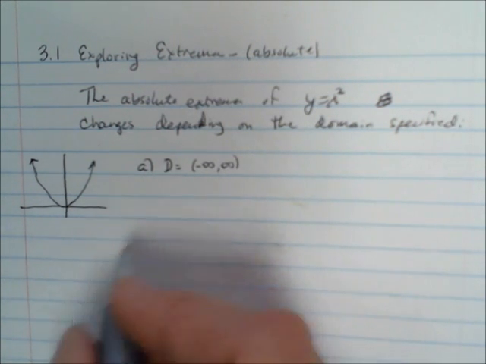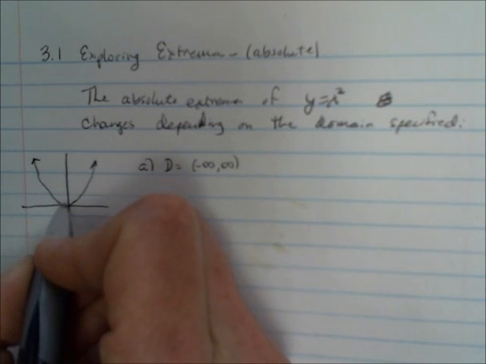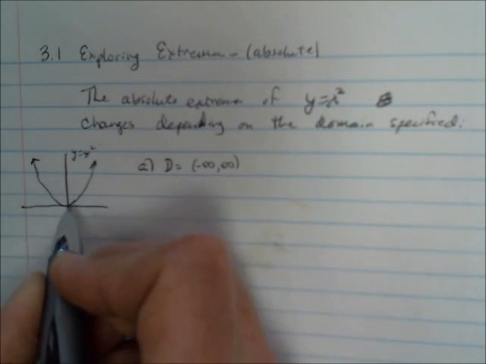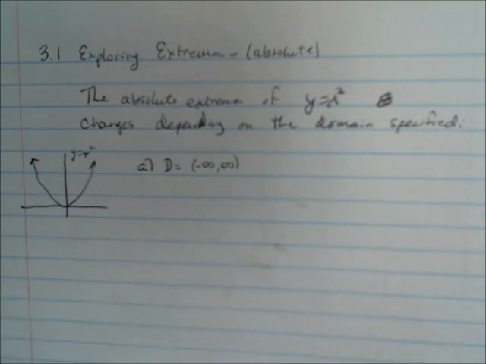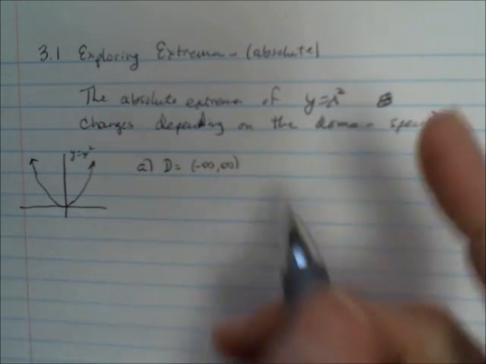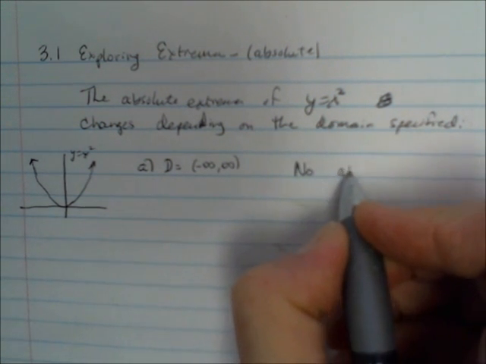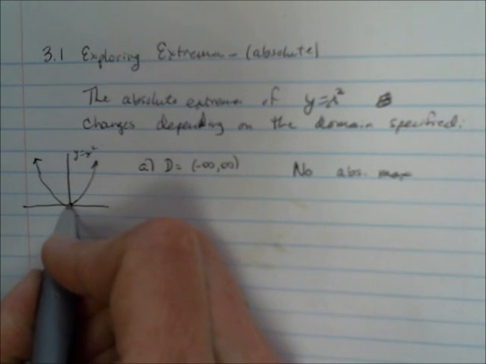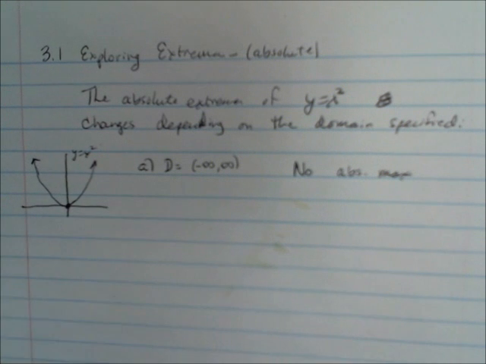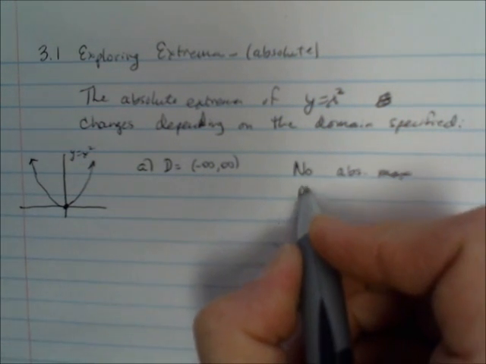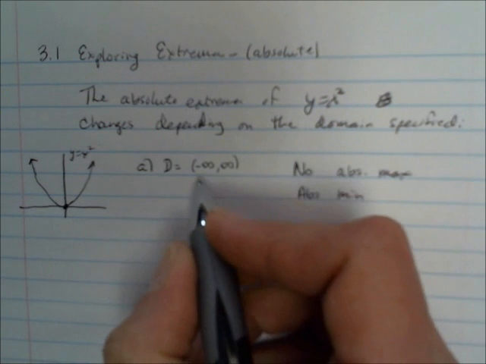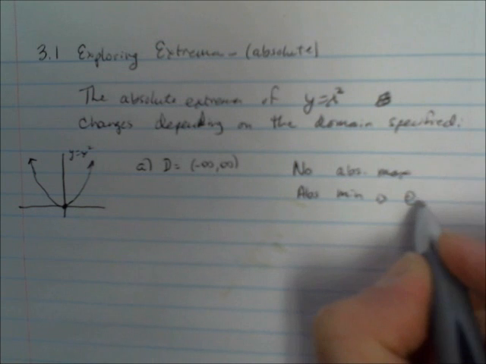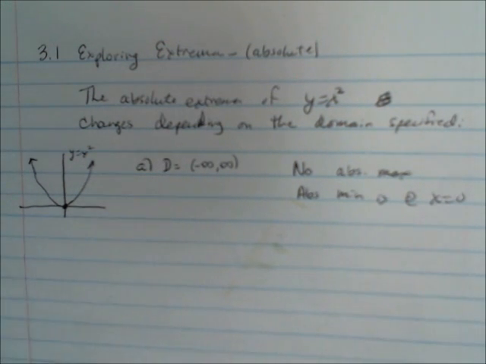So if the domain is all real numbers, then when you take a look at this graph of y equals x squared, you can see that there's no absolute maximum because it goes up forever in both directions. But there is an absolute min because it comes down and takes on a lowest value down here. So the absolute minimum in this particular domain is at x equals 0. The y value is 0.